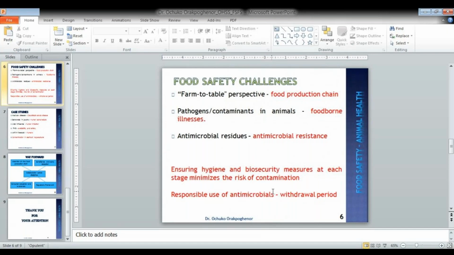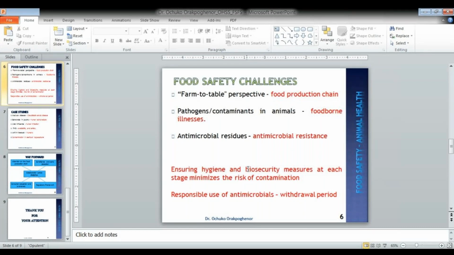No problem. So we are looking at the food safety challenges. We talk about antimicrobial residues. It will interest you to know that in recent time, there's a war against antimicrobial resistance, and this resistance results from the irrational use of antimicrobial agents or antibiotics in animals.